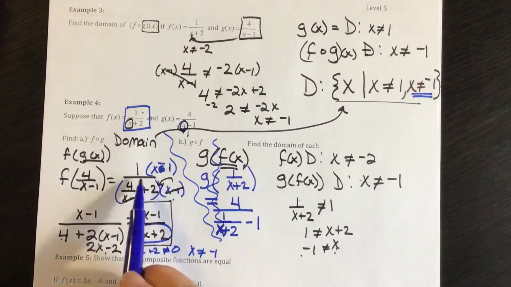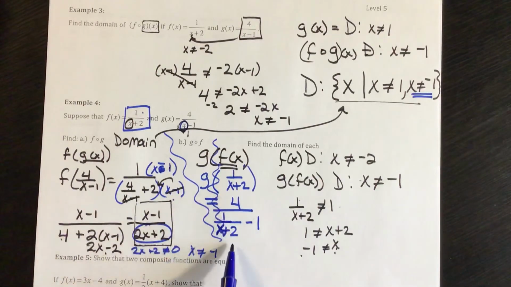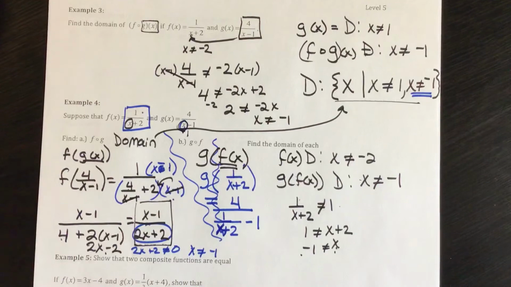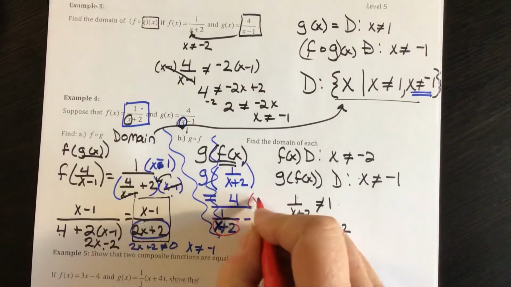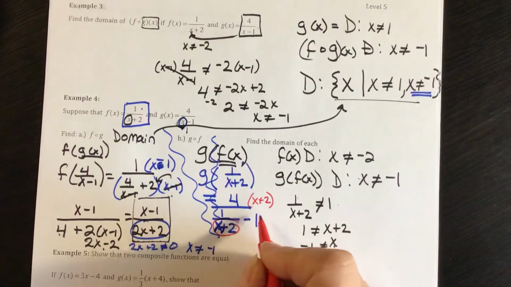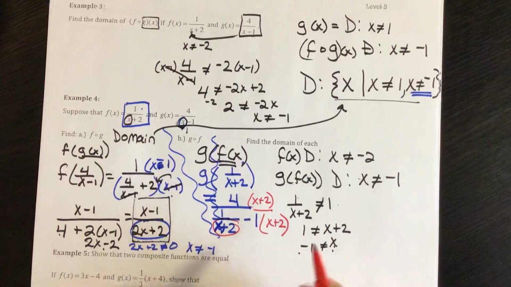So as I did up here, I'm going to get rid of this complex fraction by multiplying the top and the bottom by that common denominator. And that common denominator is x plus 2. So I'm going to multiply x plus 2 and then x plus 2 on the bottom.